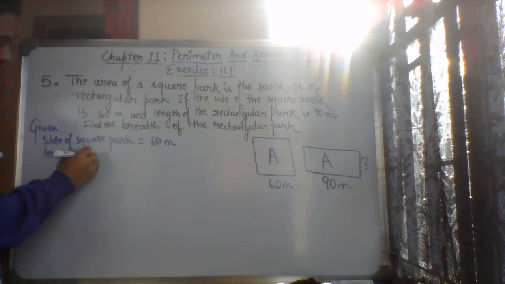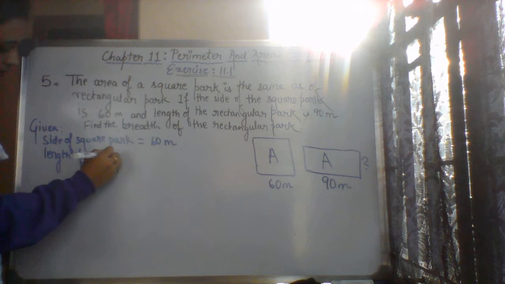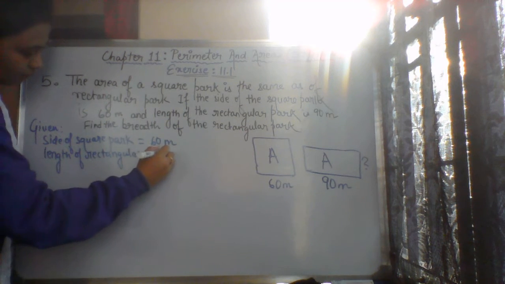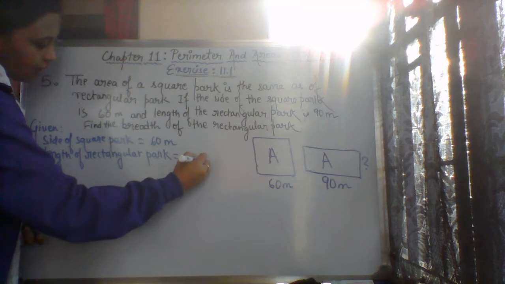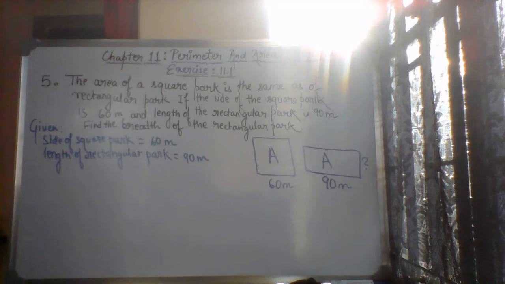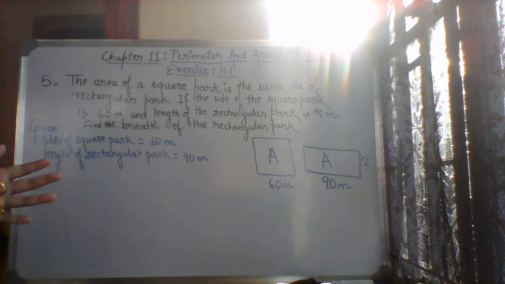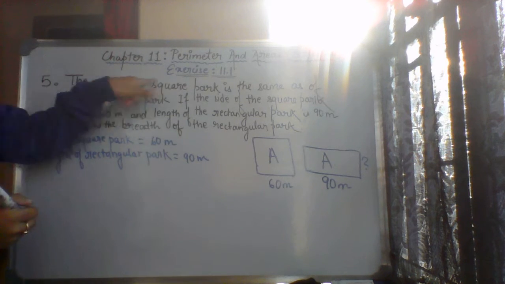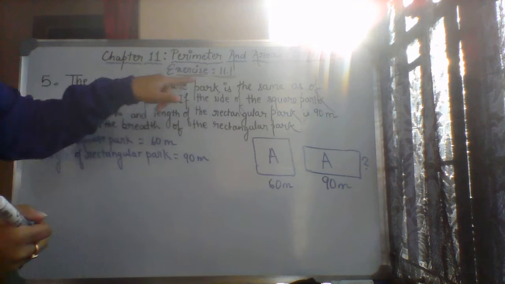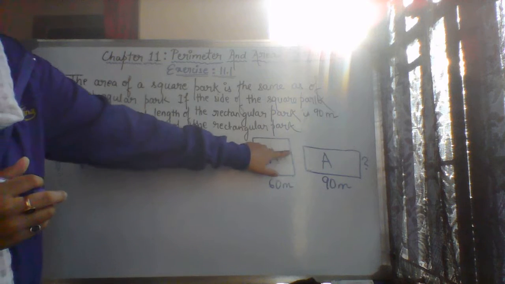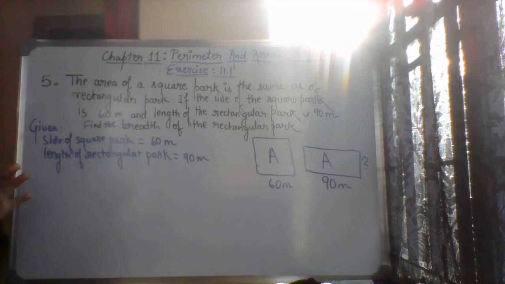Length of rectangular park equals 90 meter. So these two things are given, and one hint is given to solve the question. What is that hint? The area of the square park is the same as that of the rectangular park. Both the area of this rectangle and the square are the same.